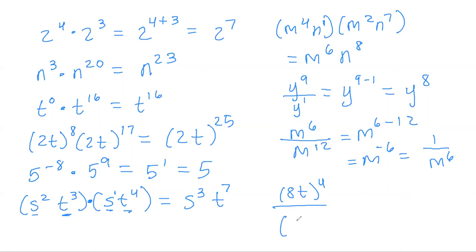Similarly, if I had 8t to the 4th over 8t to the 11th being divided, this is 8t, so 4 minus 11 would give me negative 7, which again I can write as 1 over 8t to the 7th.